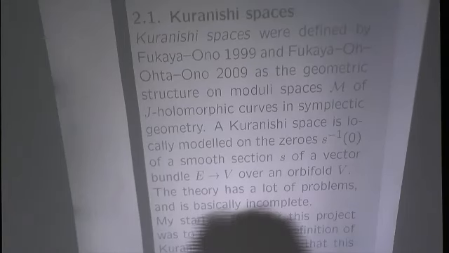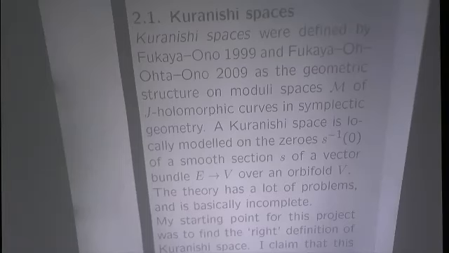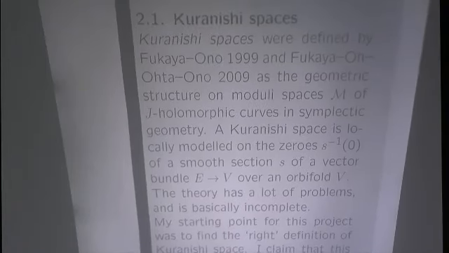Kuranishi spaces were defined by Fukaya and Ono in 1999 in their Topology paper on Gromov-Witten invariants and symplectic manifolds, and then further in Fukaya, Oh, Ohta, and Ono in 2009, the great big book, or two books, on Lagrangian Floer cohomology.